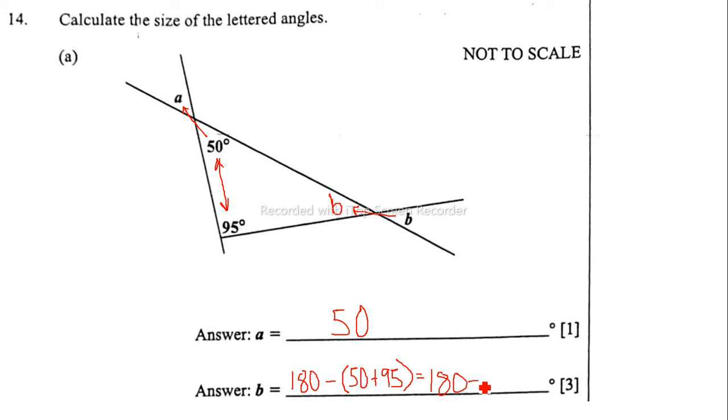What is 50 plus 95? 145. Yes, 145. It's going to be equal to what? 35. 35.